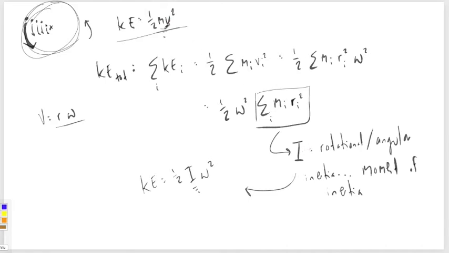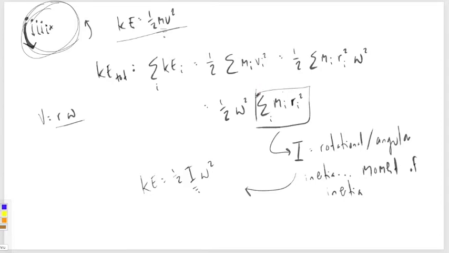Just like m in Newton's laws kind of tells you how difficult it is for an object to change its linear motion, how difficult it is for an object to accelerate linearly. I is a value that tells us how difficult it is for an object to change its spin, for an object to change its rotational motion. Okay? It serves the same purpose as mass, and it has mass in it, but it's more complicated.